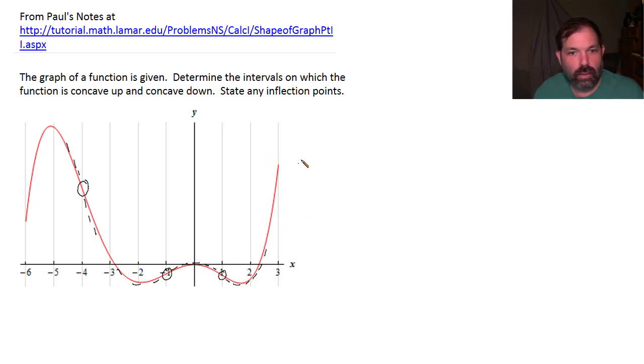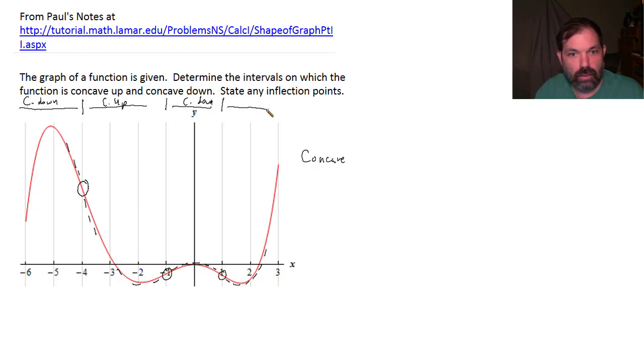It looks like this curve is concave... let's see, where are the changes? It changes at -4, at -1, and at 1. So over this first interval, it's concave down. Over the second interval, it's now concave up. The third interval, concave down.